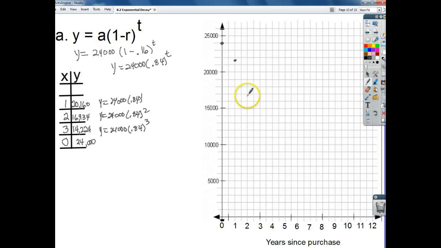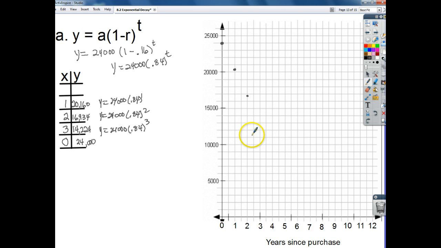So almost 17,000 right in here. Go back and revisit this one. This is going to be 20,060. So that's going to be more like right down in here. That looks like it's misplaced there. Let's go ahead and get that out of the way. All right, that looks better.